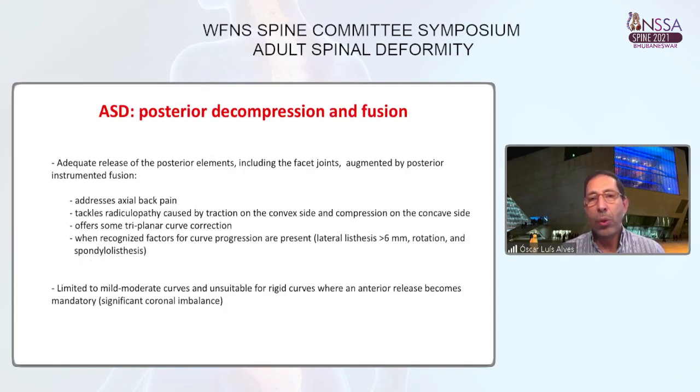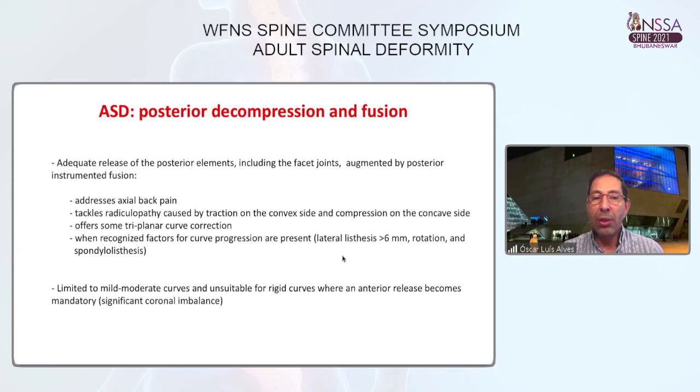You have to have fusion with posterior bone work, and this will address axial back pain, tackle the radiculopathy by traction on the convex side, offer some degree of triplanar curve correction, and you should do this immediately when you identify factors of curve progression.